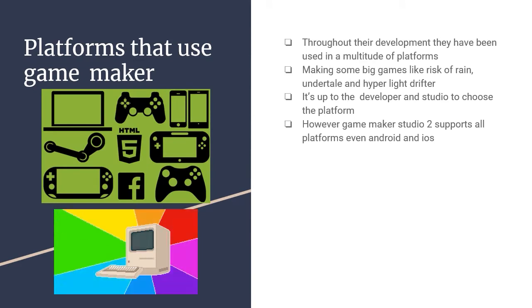So the platforms that use GameMaker, through their development, have been used in a multitude of platforms. Over the years, they've been used in iOS, PC, Xbox, creating mainly 2D games.